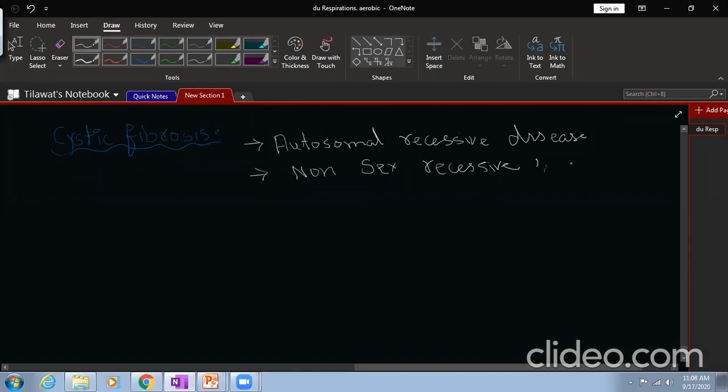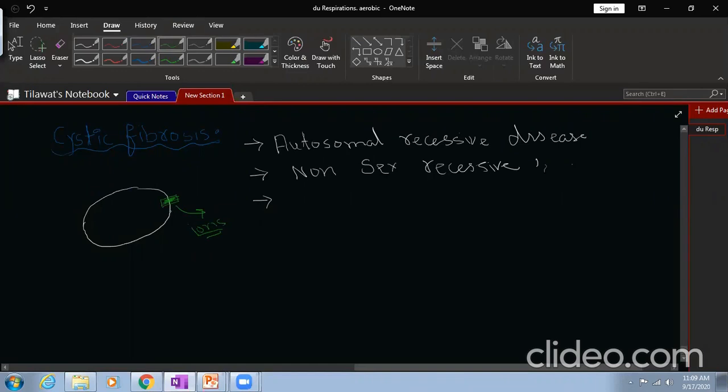Okay, now first of all, you should know about, for example, this is our cell, right? In this cell, in lungs, this cell has channels for ions that control the outflow of ions, right?